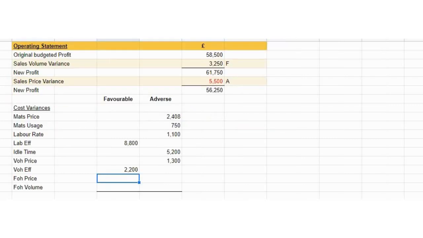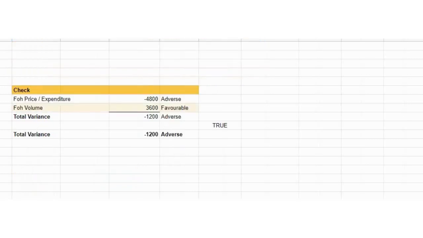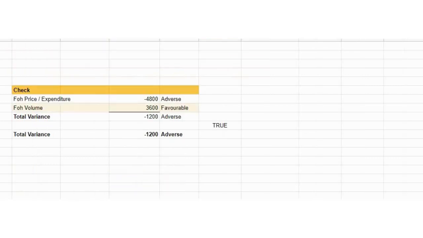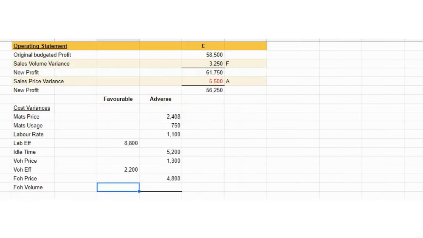Moving on to the operating statement, I'm simply going to transfer these figures from the fixed overhead variances into the operating statement. The fixed overhead price or expenditure variance was 4,800 adverse, so I'm putting that into the correct column. The fixed overhead volume variance was 3,600 favourable, so I'm putting that into the favourable column.